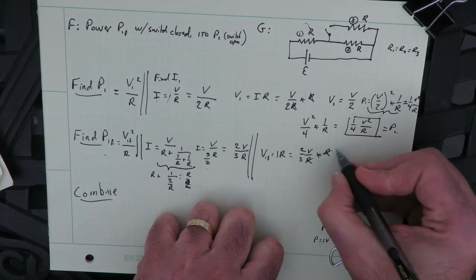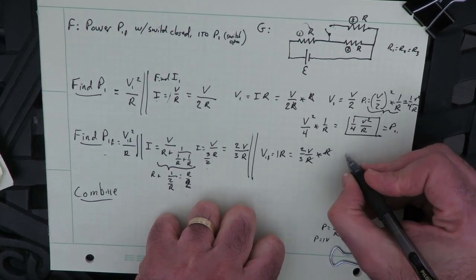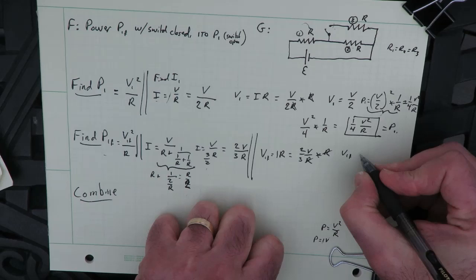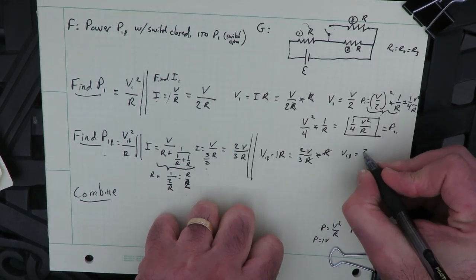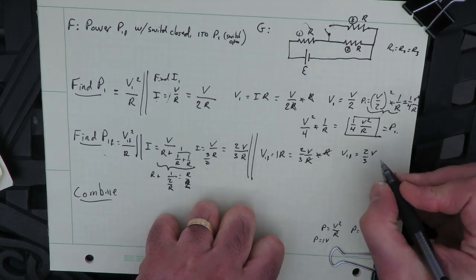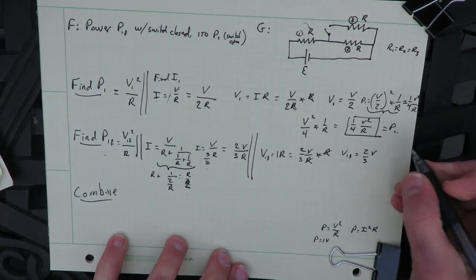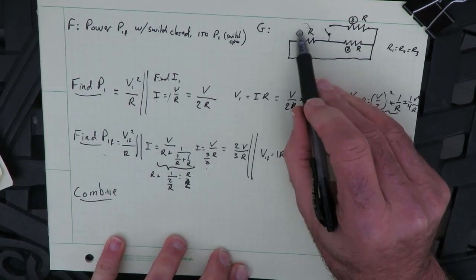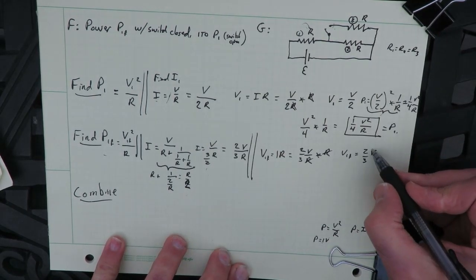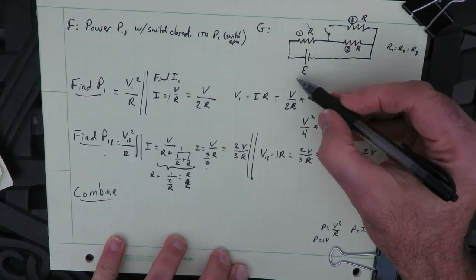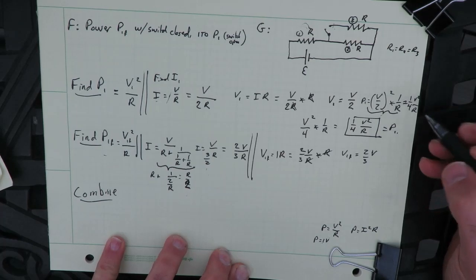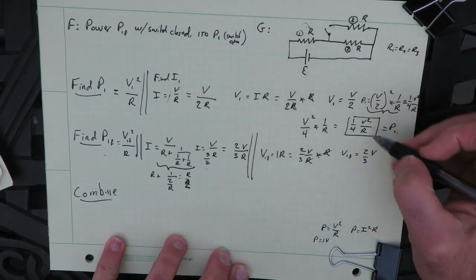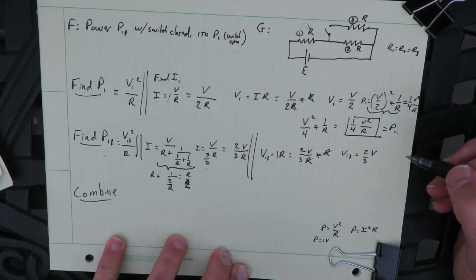The R's cancel for us again. We find out that V1 final, the final voltage drop, is equal to 2/3 of the initial battery voltage. So the V1 final is the voltage drop across this resistor. The V in the other term is the battery voltage.